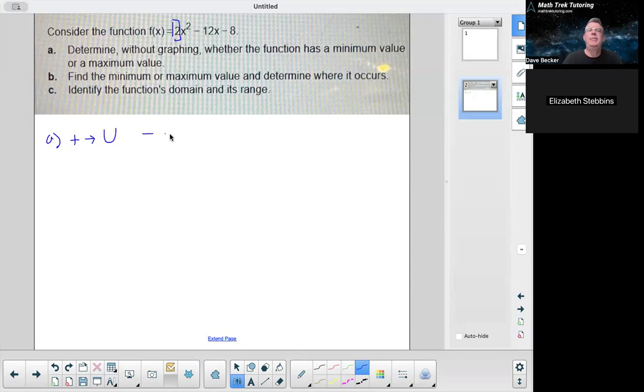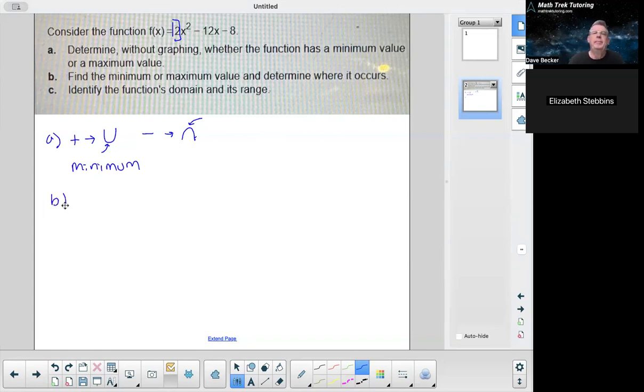If it's negative, that means it's a sad parabola. Do you see how a happy parabola would have to have a minimum and a sad parabola would have to have a maximum? So since this is happy, it has a minimum. Or you can just crank it in your calculator and see that it opens upwards, right?